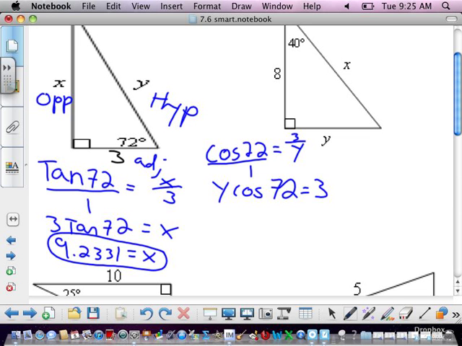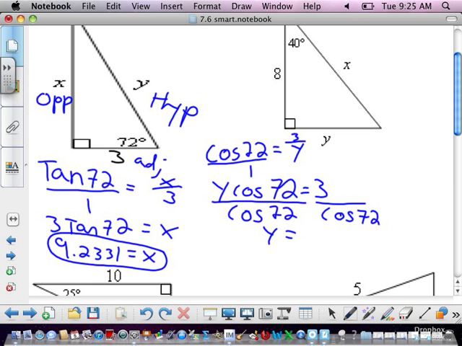How do I get that y by itself now? Cosine of 72. So y equals 3 divided by cosine 72.